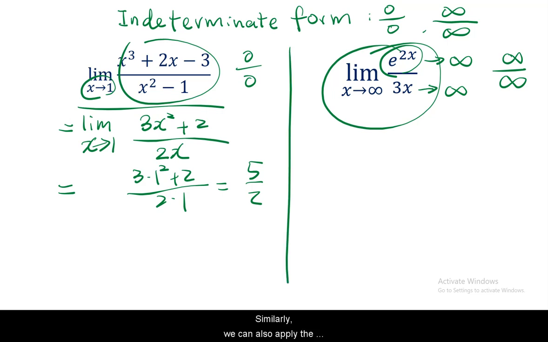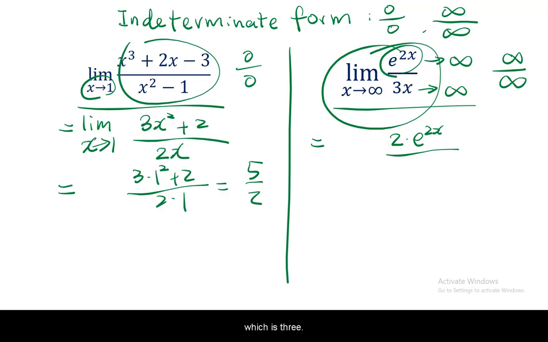Similarly, we can also apply L'Hopital's rule when finding the limit for the second example. Since it's the indeterminate form infinity over infinity, we can take the first derivative of the top, which gives you 2 times e to the 2x, and take the derivative of the bottom, which is 3.